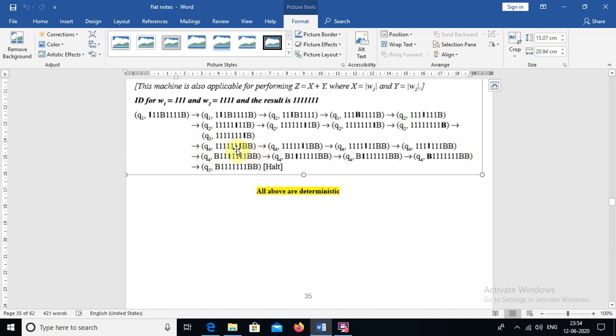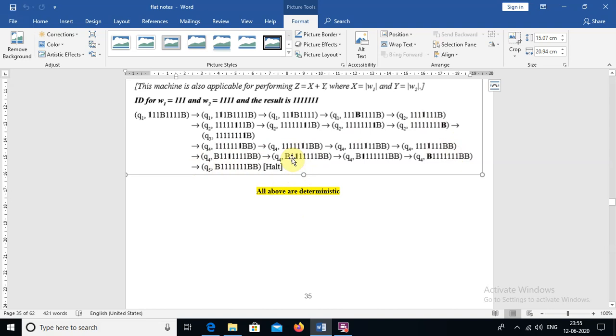Okay, so from left to right we traveled, and again right to left also we need to travel, coming back by traveling over all the ones.